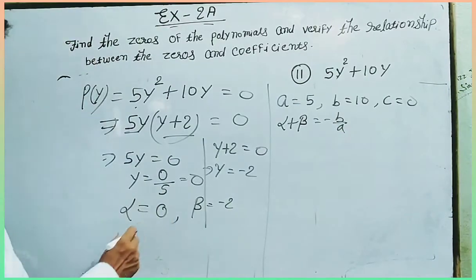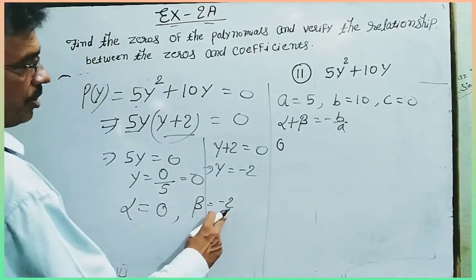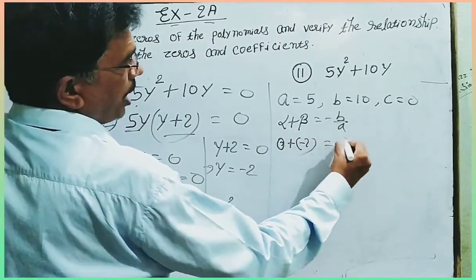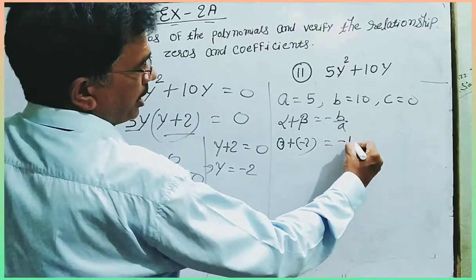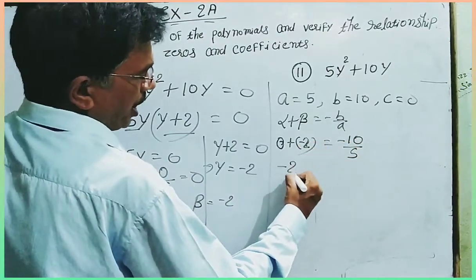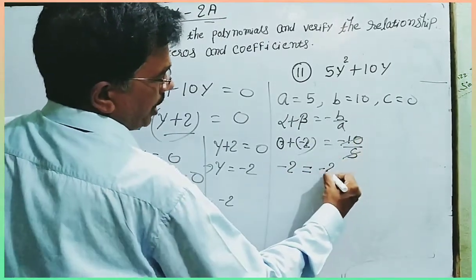What is alpha? Alpha is 0. What is beta? Minus 2. So 0 plus minus 2, and minus b by a is minus 10 by 5. What do you get? You get minus 2, and here also you get minus 2.